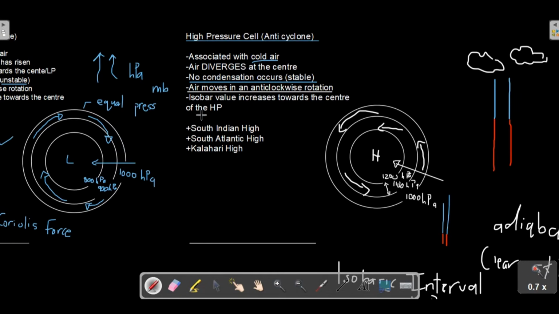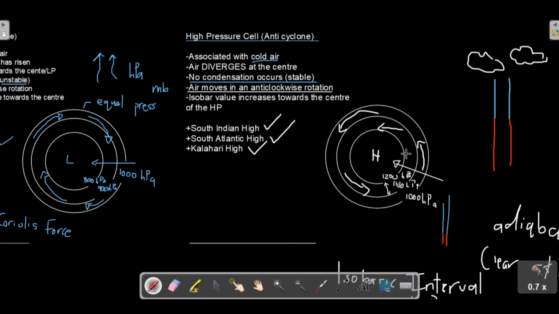Examples of these include the South Indian High, the South Atlantic High, and the Kalahari High. All of these are anticyclones, and we see this type of rotation, which is anticlockwise. We see that the air pressure increases going towards the center.